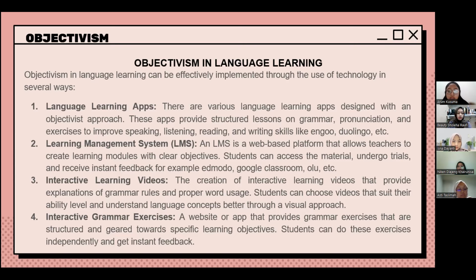And the next, learning management system. A learning management system is a web-based platform that allows teachers to create learning modules with clear objectives. Students can access the materials, undergo trials, and receive instant feedback, for example, like Edmodo, Google Classroom, and so on.